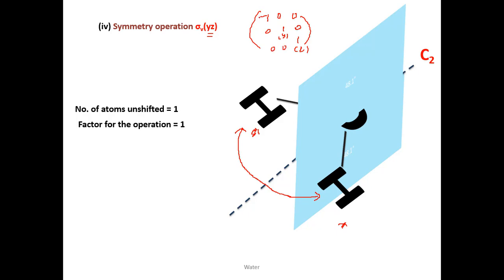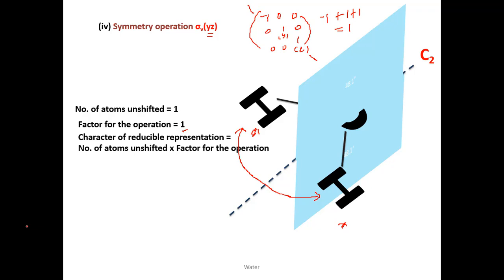If you take the sum of the diagonal elements, you will get -1 plus 1 plus 1, and so it will once again be plus 1. That is how you get the factor of the operation as 1. The character of the reducible representation is equal to the number of atoms unshifted times the factor. The number of atoms unshifted is 1, the factor is 1, and so the character will also be 1.